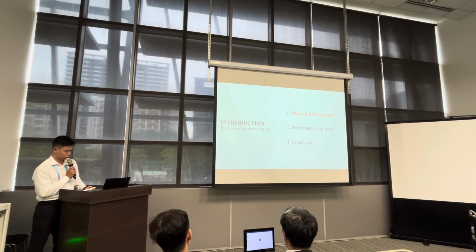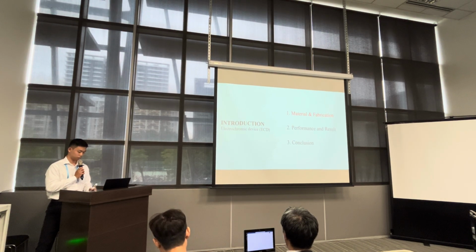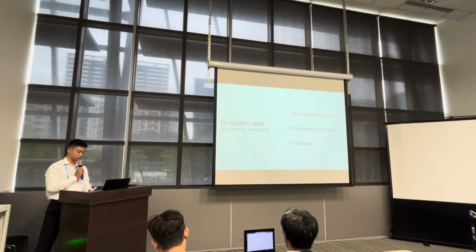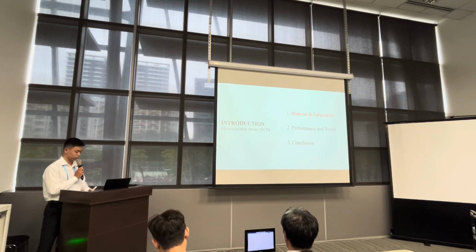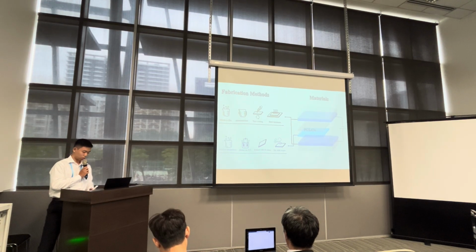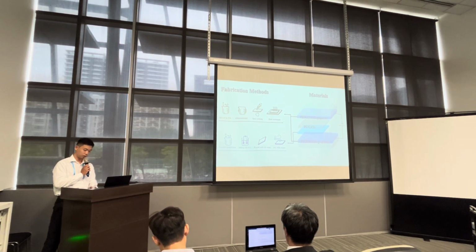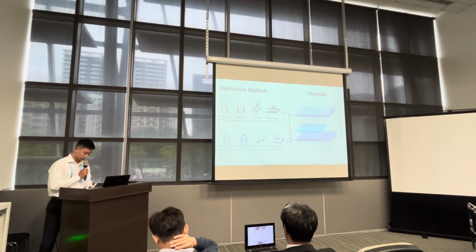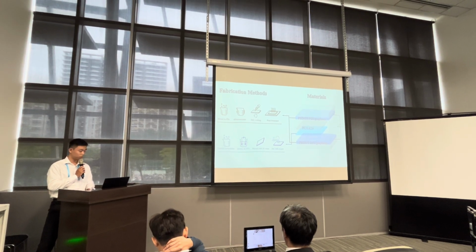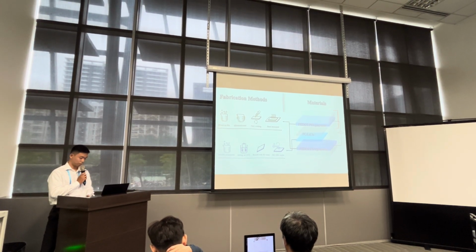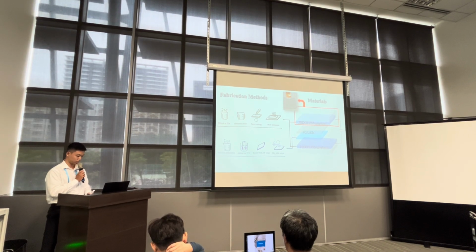So next we'll introduce the design of our device, including the material and the fabrication. For cost-efficient reasons, we use PEDOT:PSS mixed with graphene ink using a simple spin coating method to make our transparent conductive layer.